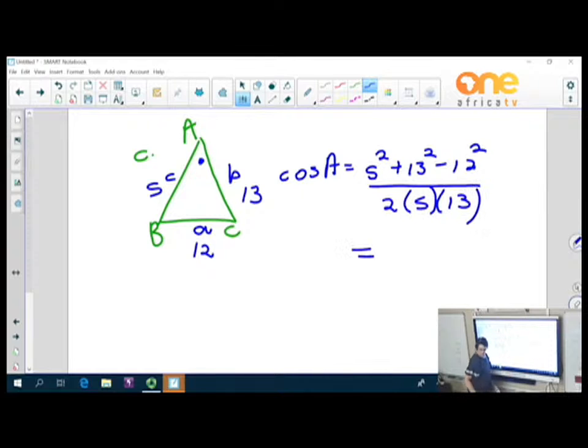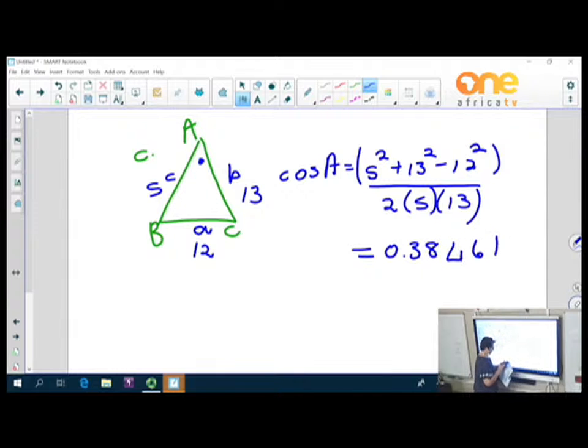Okay, let's get a value there, and then we can second function cosine it. As I say, if you use extra brackets here, you can press it immediately. Minus 12 squared, and then I divide it by 2 times 5 times 13, and I got 0.38461.